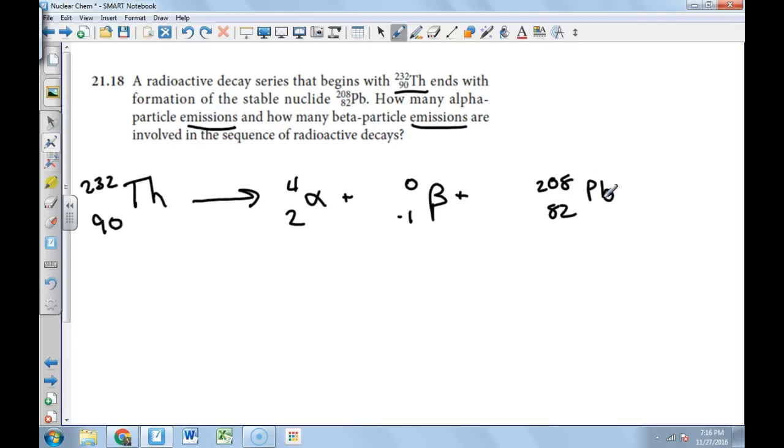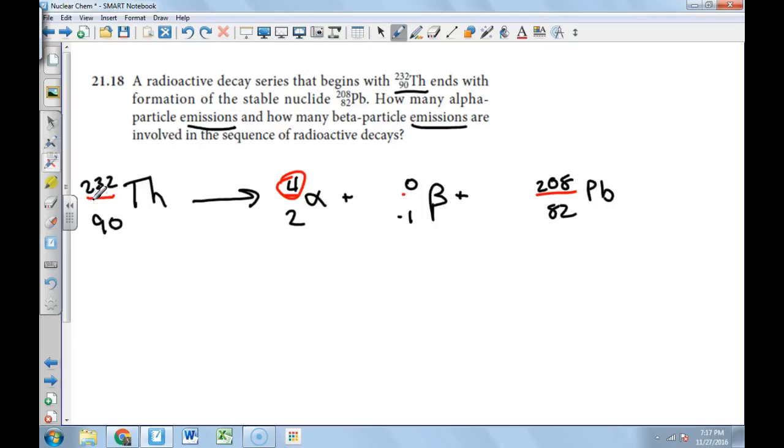Now, if we're going to do this, and let me get a different color out here, the only way to change the mass in alpha and beta emission is by using the alpha particle. So here, keep in mind that this side has to equal everything that's up here. Well, this is the only one that is contributing any mass.